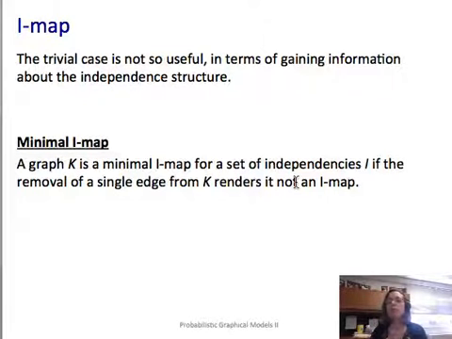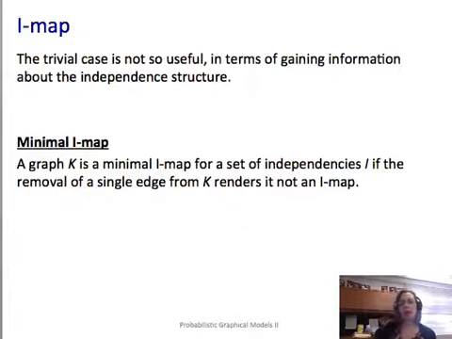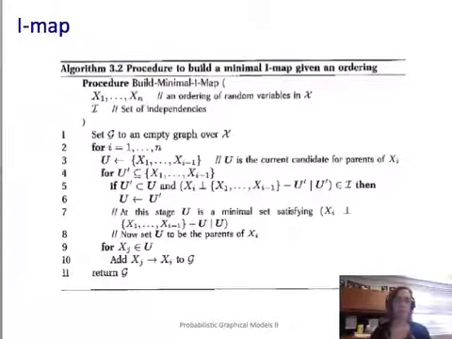Okay, so it's essentially the minimum set of edges for which it is a valid I-map. A removal of an edge would bring forth an independence between nodes, which is not valid in the distribution. So think about that in terms of the simple example, and now we're going to go through what it means to construct a minimal I-map.